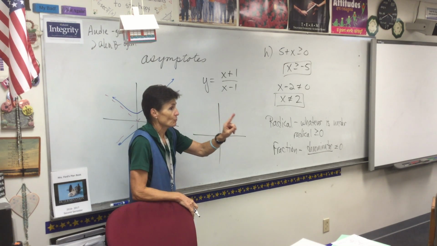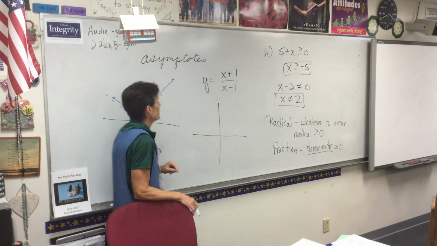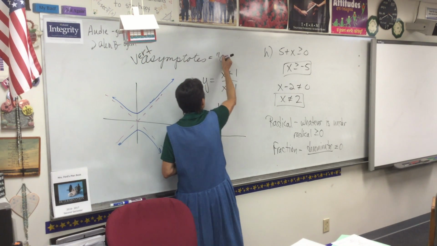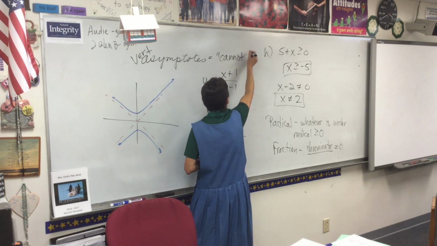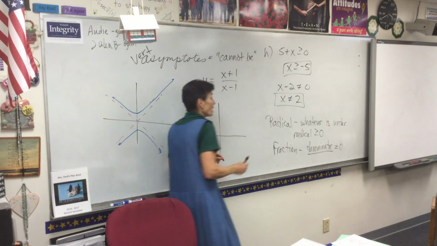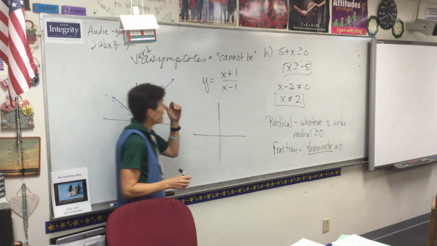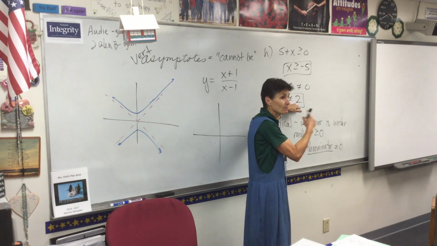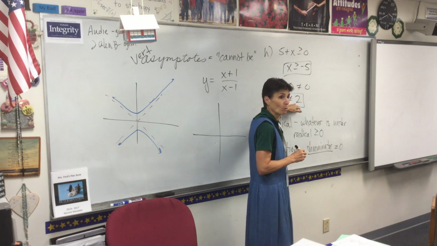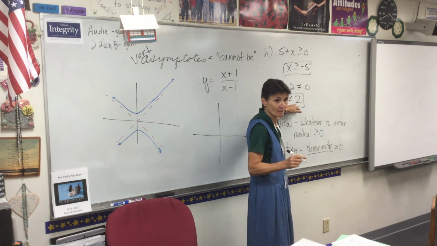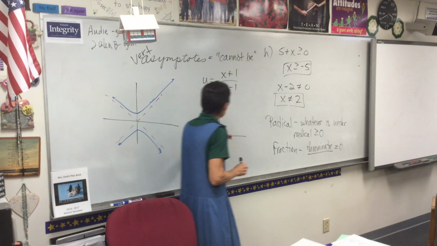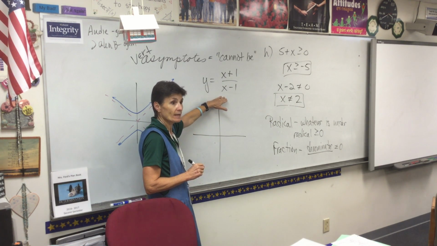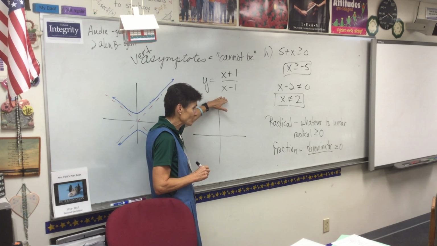And it's tied directly to domain. A vertical asymptote is a cannot be value. So in other words, if you say to me, x cannot be 2, that would be a vertical asymptote. Whatever you say x cannot be, it's a vertical asymptote. So I want you to look at this problem. It's a fraction, right? What do we know about fractions?